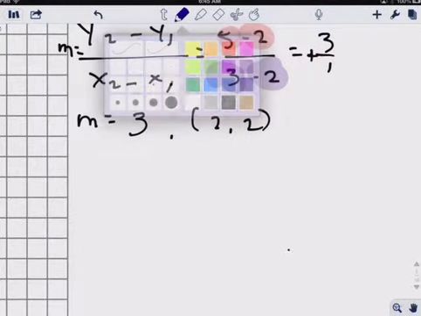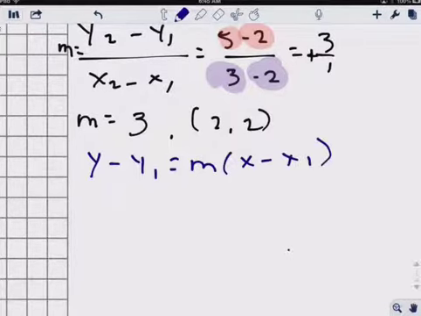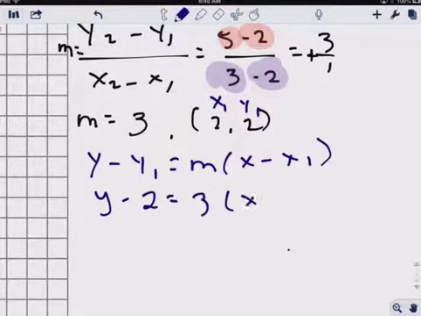Okay, so y minus y1, point slope, we start out m parentheses x minus x1. Let's substitute it in. Y minus 2, this is x1, y1, equals 3 parentheses x minus 2.